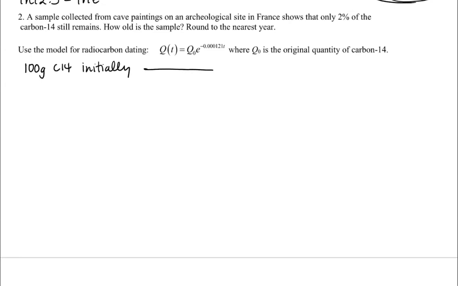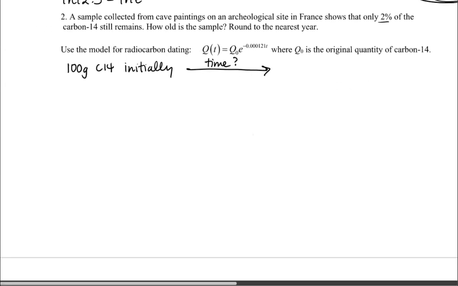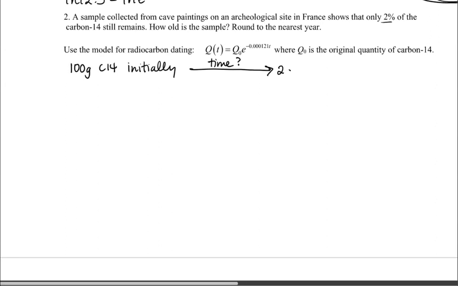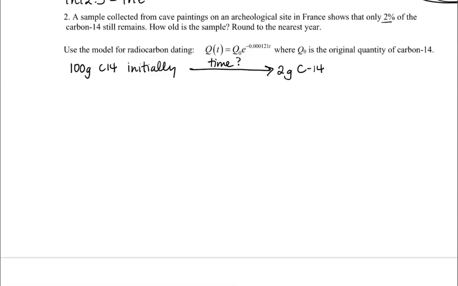We want to figure out how much time went by to dwindle down to only 2% of that 100 grams. 2% of 100 grams would be 2 grams of carbon-14 remaining. So we are looking for how much time passed for 100 grams to decay down to 2 grams.